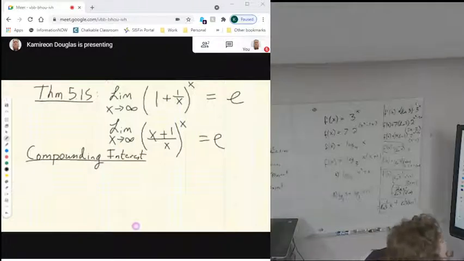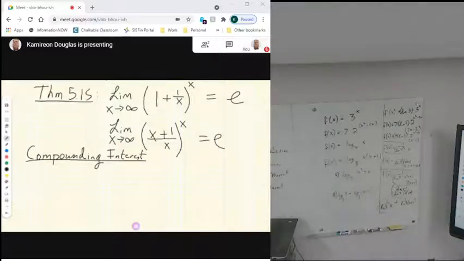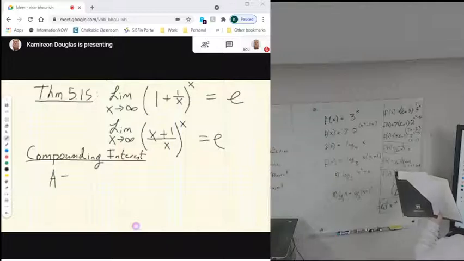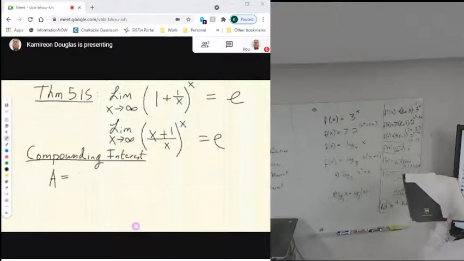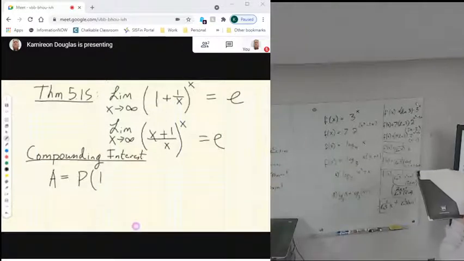So the compound interest formula is 1 plus r over n to the nt. It's a common compound interest formula. In fact, that's one of the formulas I have for you guys, which may be useful for this. A is equal to P times 1 plus r over n to the nt power.